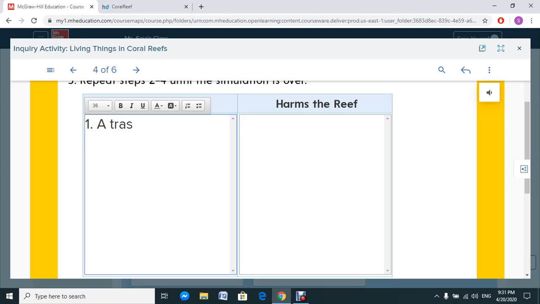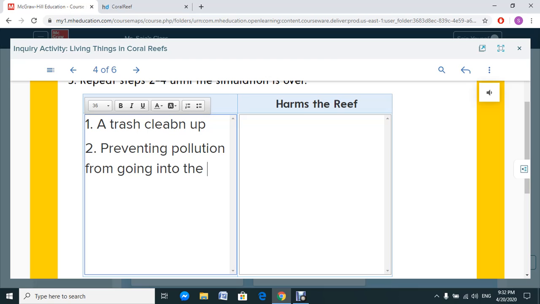So a trash clean up was a beautiful thing to do and it helps the coral reef. What other things did we do to help the coral reef? We prevented pollution. So preventing pollution from going into the ocean.